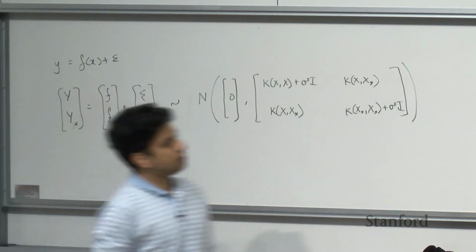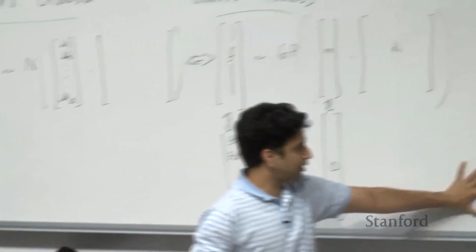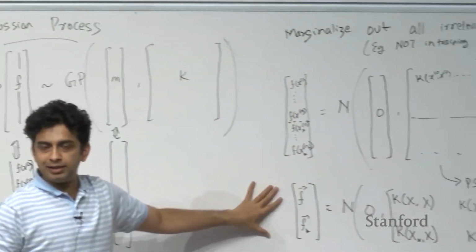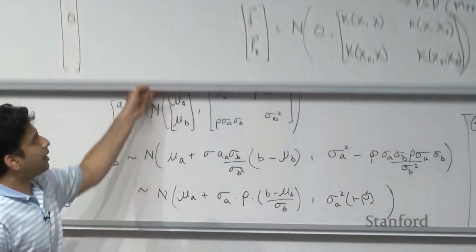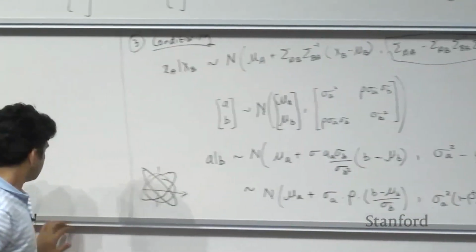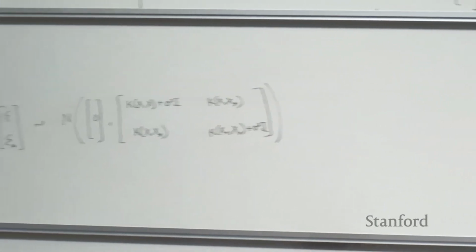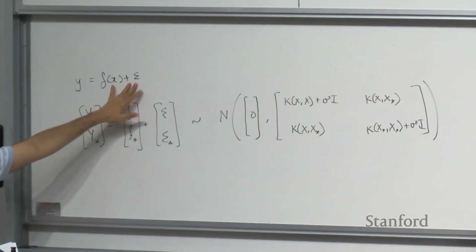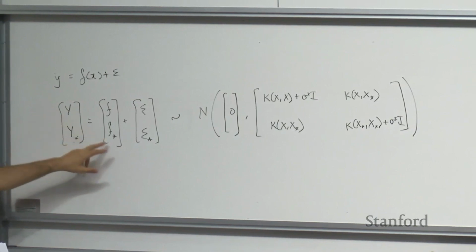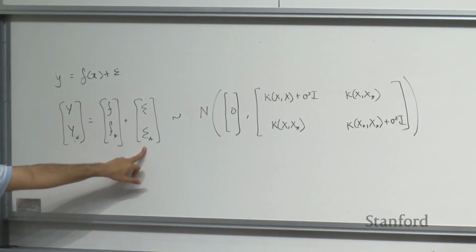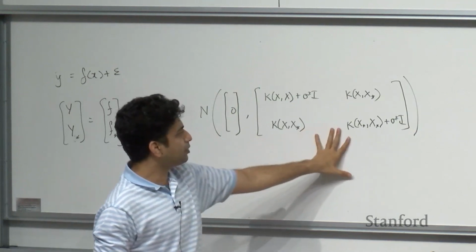So f followed this distribution by marginalizing out all the examples that were not of immediate concern, and by our noise hypothesis that we have Gaussian noise in our observation, we get a distribution over the y's to be f's plus the noise, and over here we are just using the summation property and adding up the covariances.